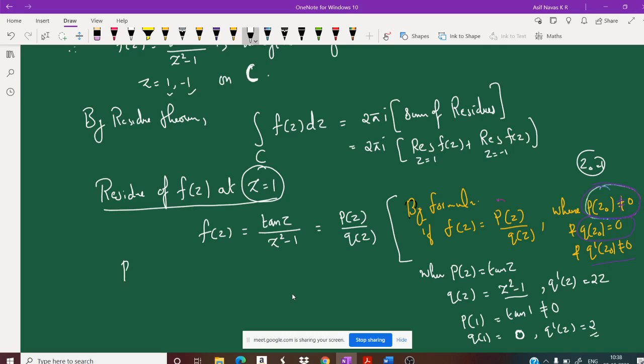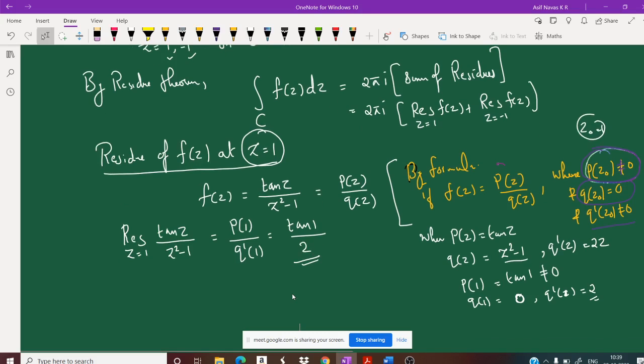Now by the formula, residue at z equal to 1 of tan z divided by z square minus 1 is equal to p of 1 divided by q dash of 1, which is tan 1 divided by 2. So we get the first residue.